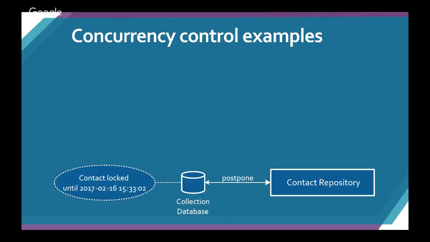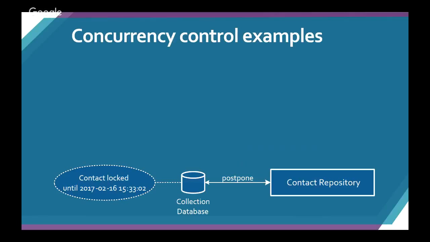And the contact repository operates with expiring locks, which are also called leases or lease locks. When the contact repository locks some contact in the collection database, it puts a lock that indicates at what date and time it will be released.